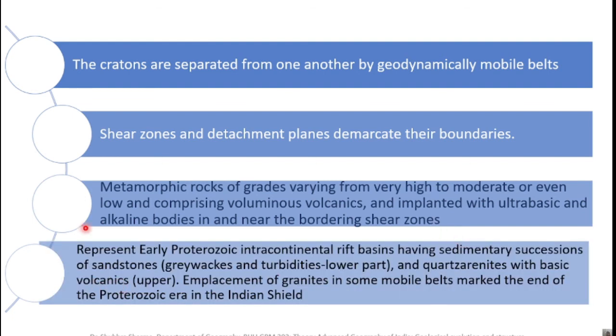Mobile belts, besides of course representing the shear zones and the borders or boundaries, are also the locations where early Proterozoic intercontinental rift basins developed. And as the rift basins developed, there was sedimentation in these rift basins, which ultimately solidified to form various sedimentary rocks, mostly types of sandstones. These greywackes and turbidites are special types of sandstones, and also quartz arenites.